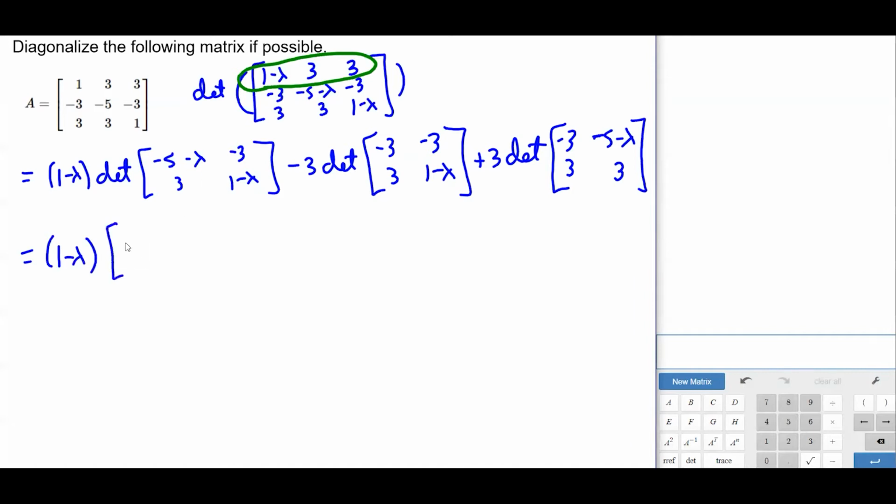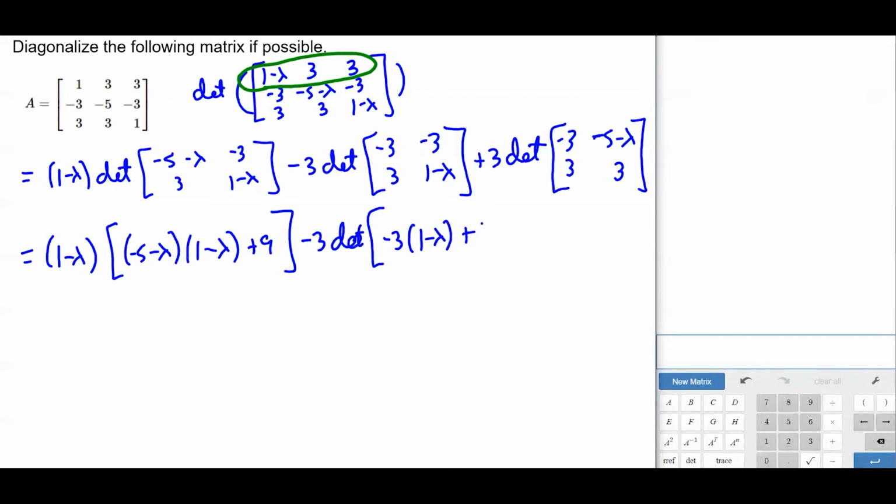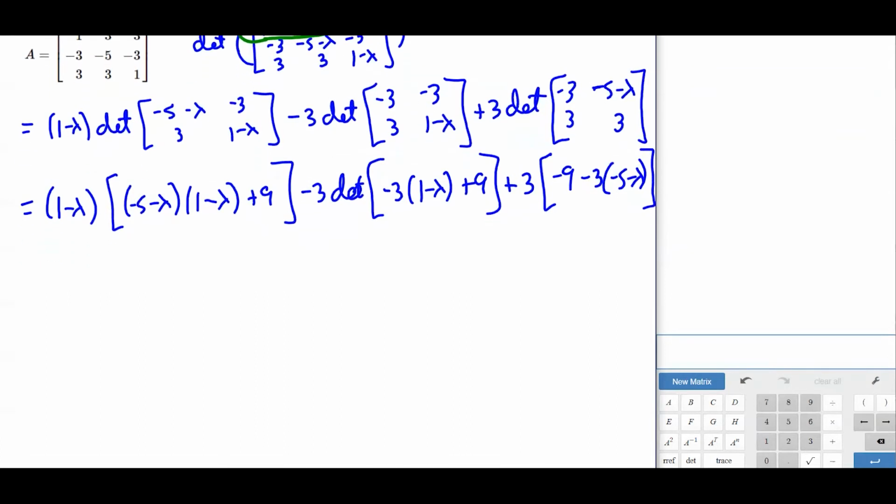So this first determinant is -5 minus lambda times 1 minus lambda, and then plus 9. And the second determinant is -3 times 1 minus lambda, and then again a plus 9. And then the last determinant is -9 minus 3 times -5 minus lambda. So we're going to get this big polynomial here.